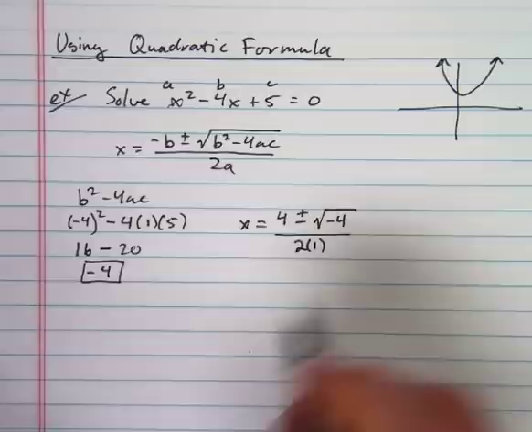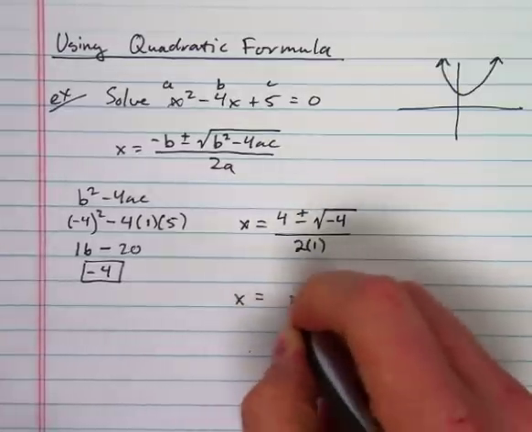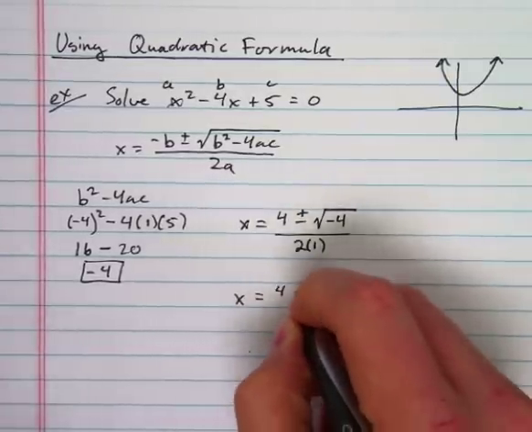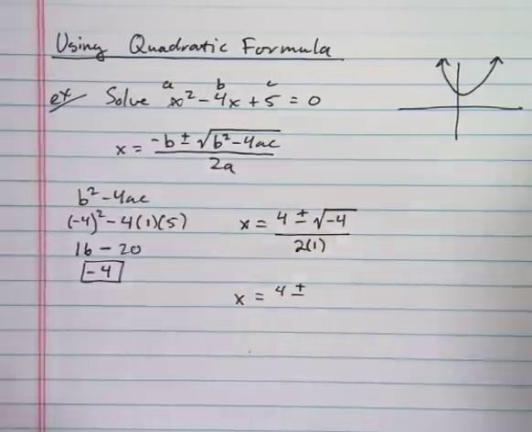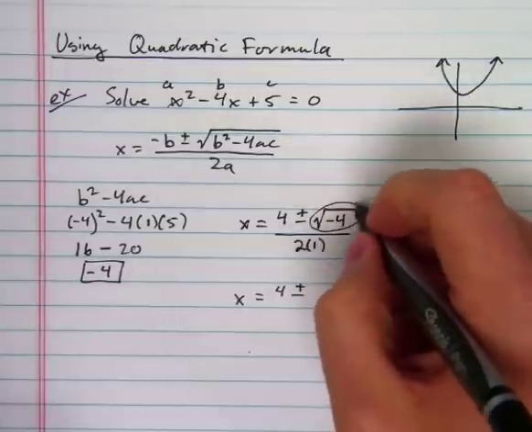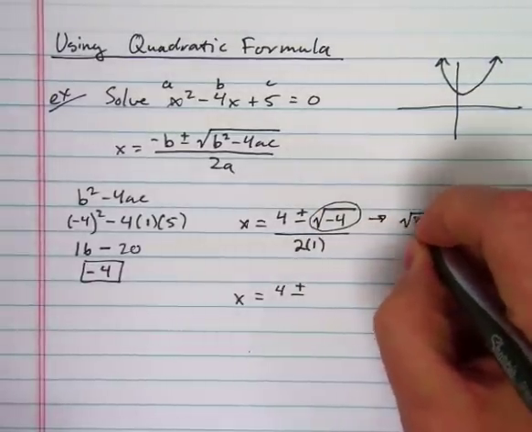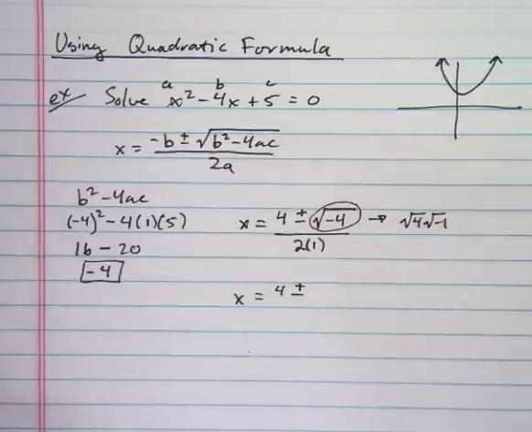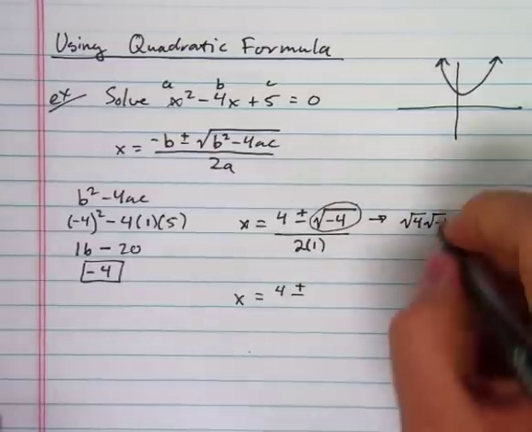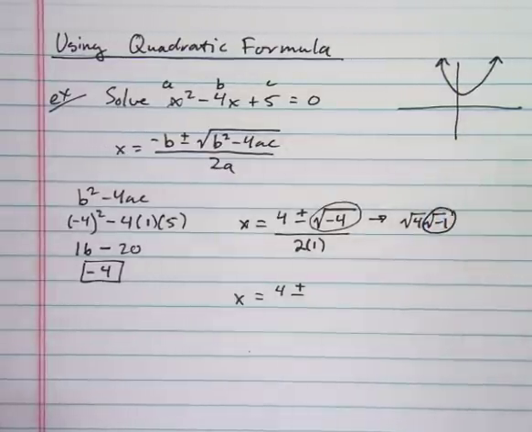We do have to simplify this though, so this is going to be x equals 4 plus or minus, and now this square root of negative 4, we could write that as the square root of 4 times the square root of negative 1. We can pull it apart like that. And then this square root of negative 1, that's just i.